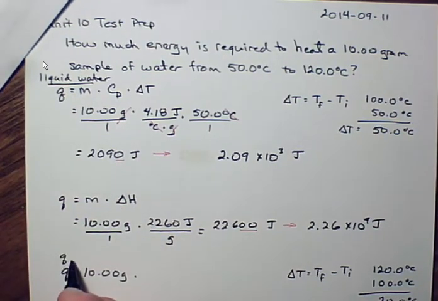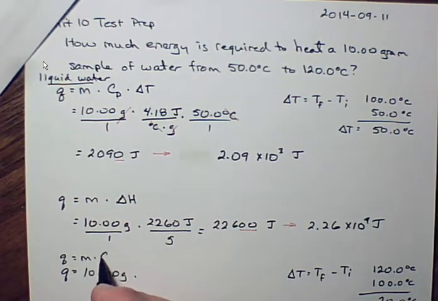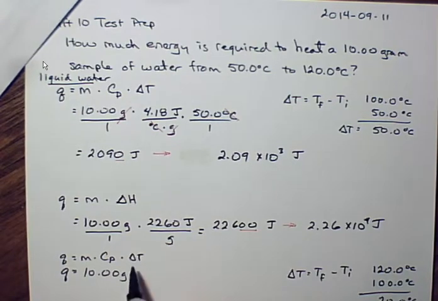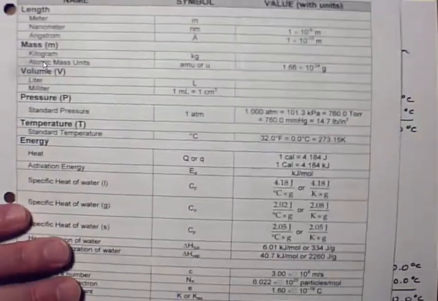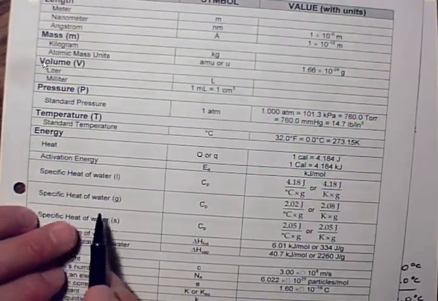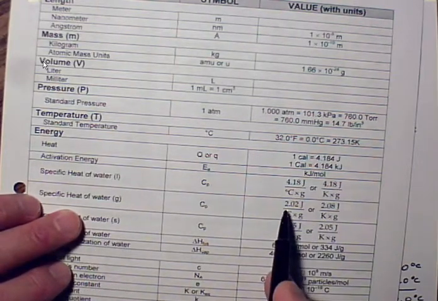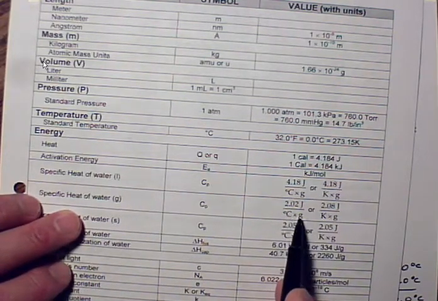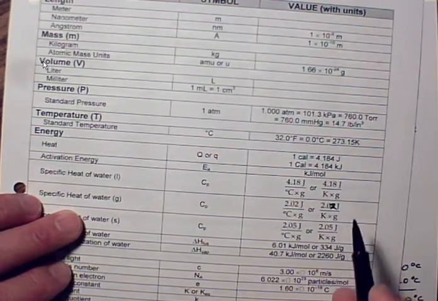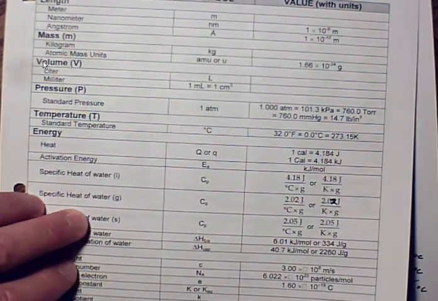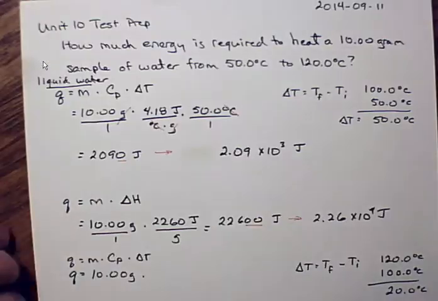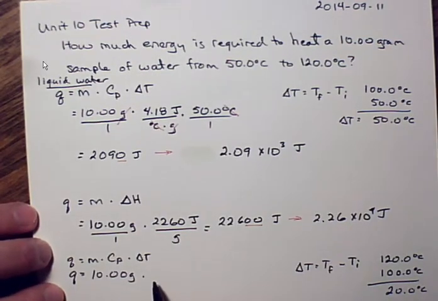Let's make sure we write it down: mass times specific heat times change in temperature. That's what we're plugging in for. And our specific heat or heat capacity for steam is 2.02 joules per degree C per gram. So that's a wrong number on the reference. Make sure if you haven't changed it on your references, you do so now. I've got to get that fixed in the future.